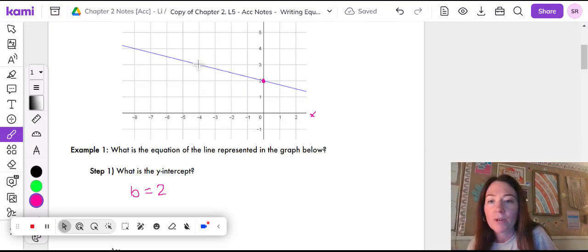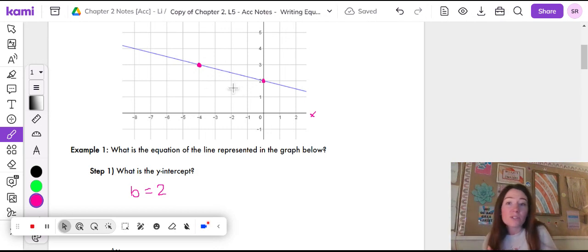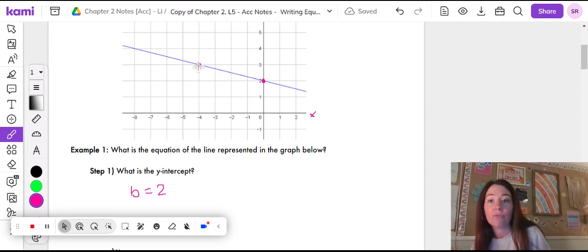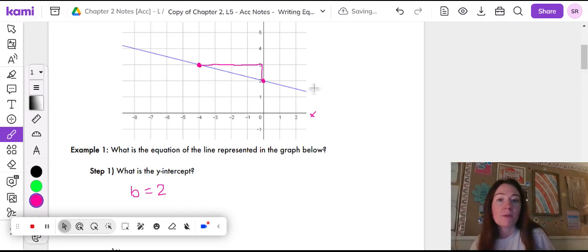I can see that there's a point here because my graph is going through one of those little corners. So I can see that that point is at (-4, 3). And then I'm going to make my slope triangle. And then I'm going to write down my rise and my run. My rise is -1 because this is going down 1.